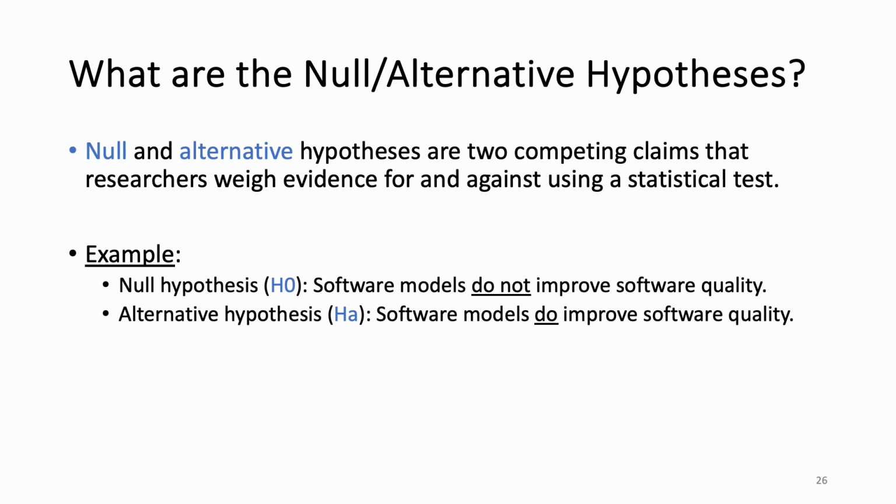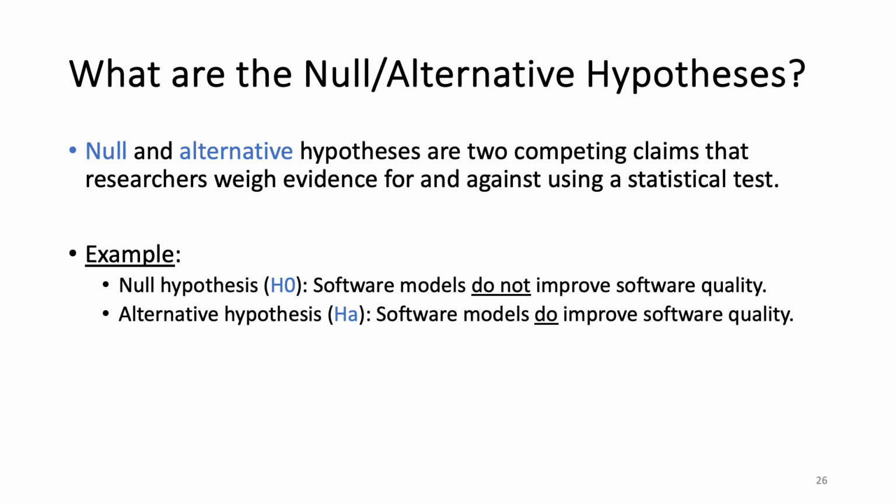When you conduct an empirical study, you have to define the hypothesis. For each claim that you make, you have to state the null hypothesis and then the alternative hypothesis. These two are competing claims, and you run a statistical test to understand whether one of them is the case or not. You would reject one of them and accept the other one.